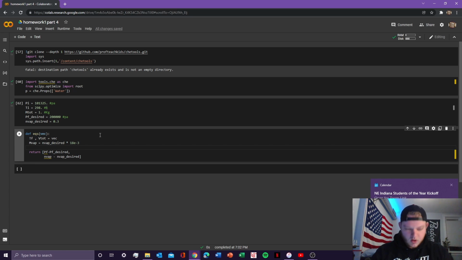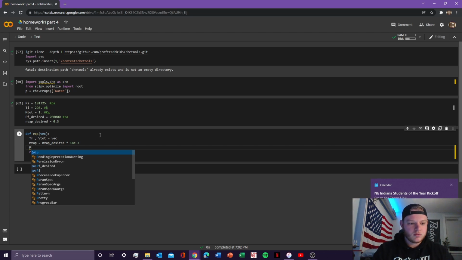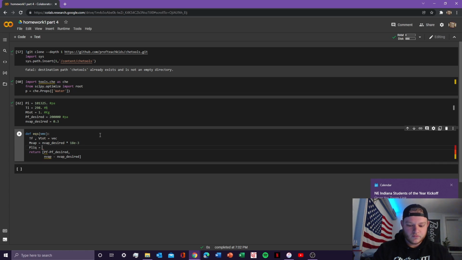Oh, here we go. We can do the partial pressure of the liquid is equal to P dot roll, no, I'm sorry, not P dot. P dot roll, RHOL is the density function for water.